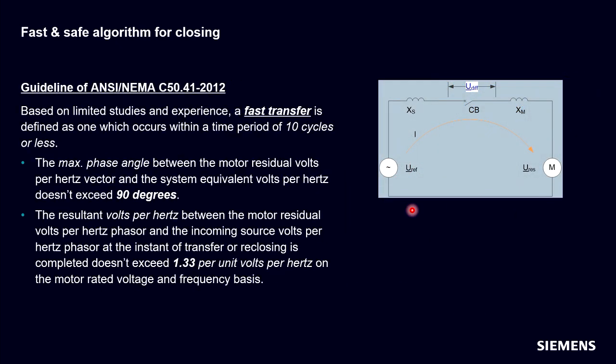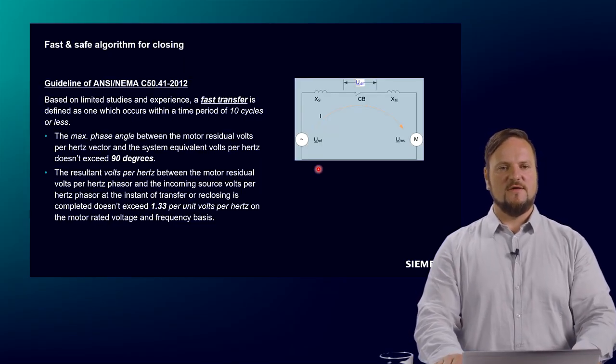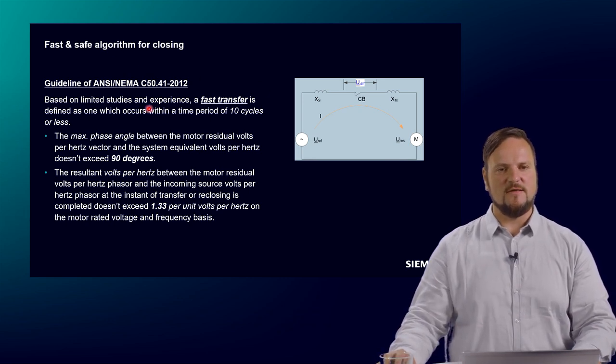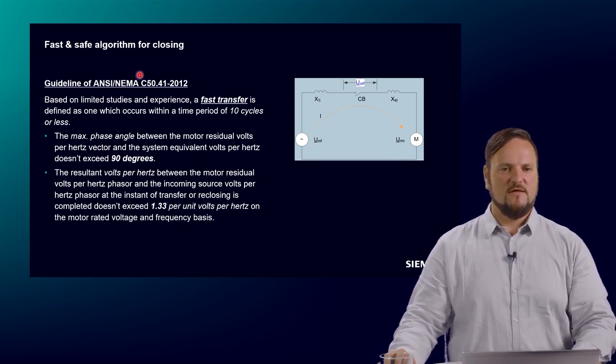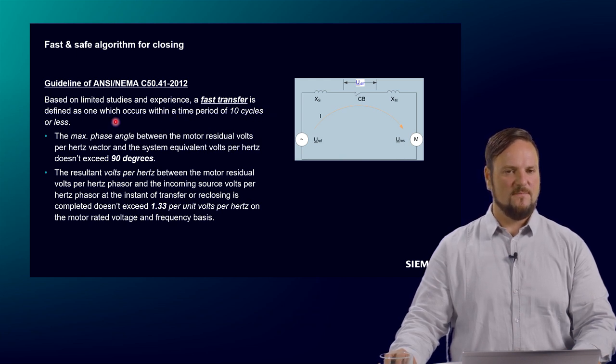Now we come to the guideline or to the standard which belongs to the fast transfer. In this IEEE ANSI standard C50.41, it is written that a fast transfer is defined by a time period of 10 cycles or less.